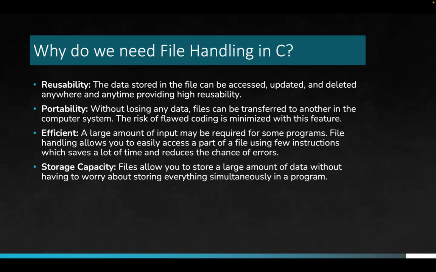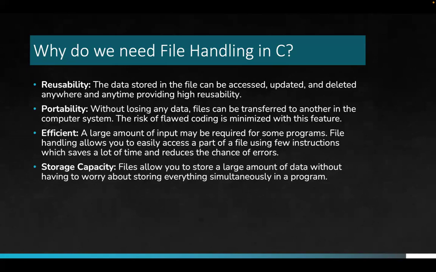Reusability is if you have data that is stored in the format of a text or binary file. If you want to access particular data in that file, or if you want to update, modify, or delete a particular string or instruction in that file, you can do this manually as well.